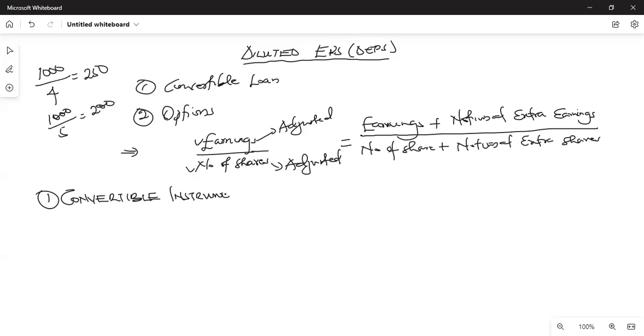I'm sure you've covered convertibles in financial instruments. The principle of convertible bonds and convertible preference shares is similar, and we deal with them together. If the convertible bonds or preference shares have been converted, then three things are going to happen.